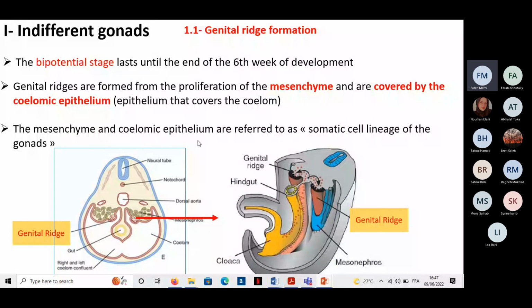The mesenchyme and the coelomic epithelium are at the origin of the somatic cells in the gonads, and they are referred to as the somatic cell lineage of the gonads.